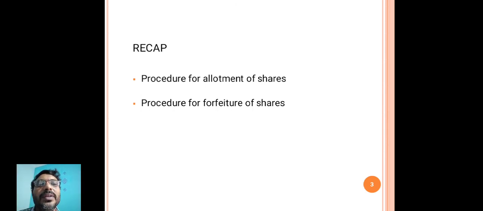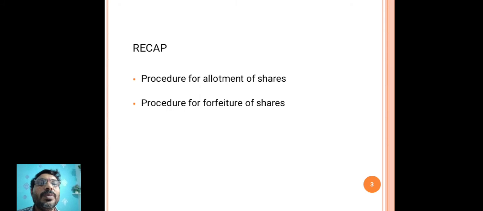The memorandum contains some clauses, and the articles of association are the rules and procedures.